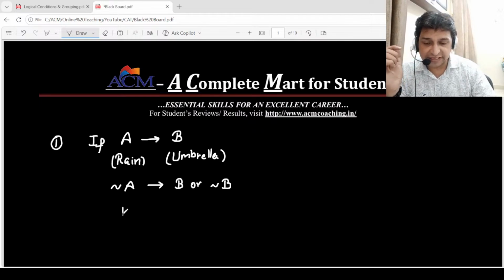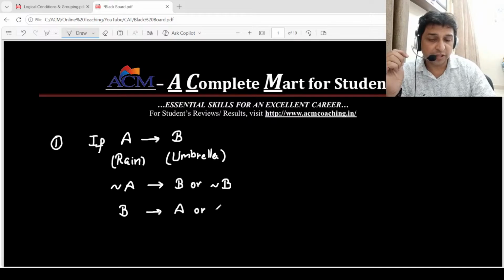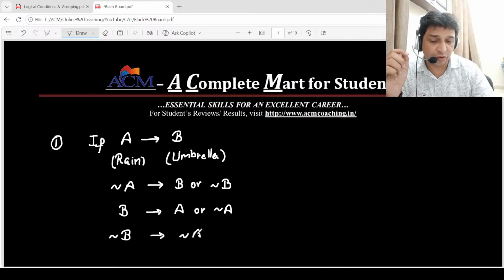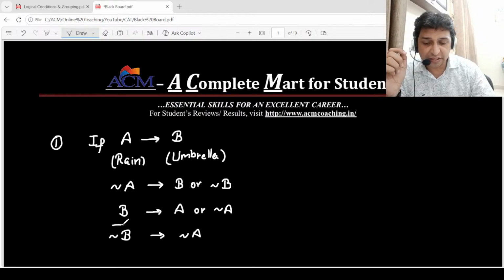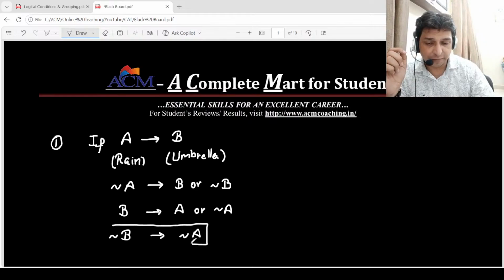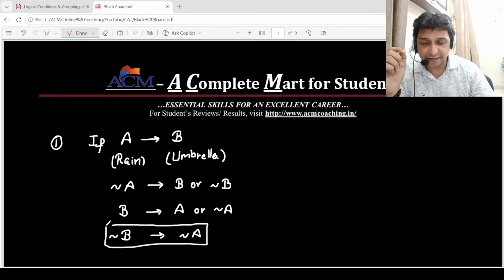Another part, if I'm carrying an umbrella, will there be rain? There may be rain, or there may not be rain. And the last, if there is no umbrella in my hand, now that definitely means that there is no rain. So this is the actual conclusion which I have to understand.